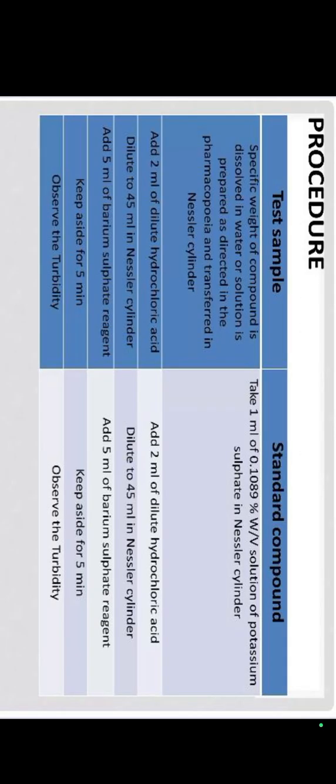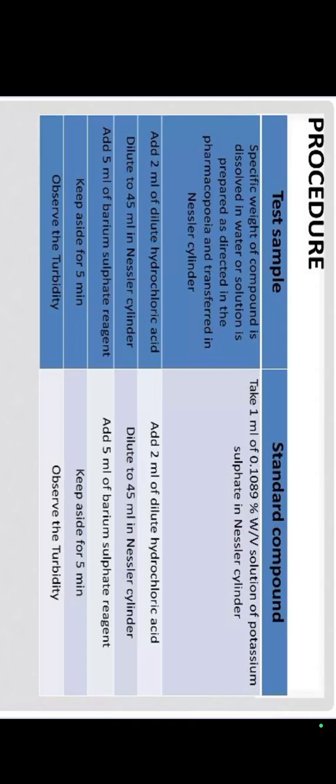Next, we see the procedure of the limit test of sulphate. We take two nested cylinders, one is test, another one is standard. In the test sample nested cylinder, we first take a specific weight of the compound, dissolved in water or a solution prepared as directed in the assay in the pharmacopoeia, and transferred to the nested cylinder.